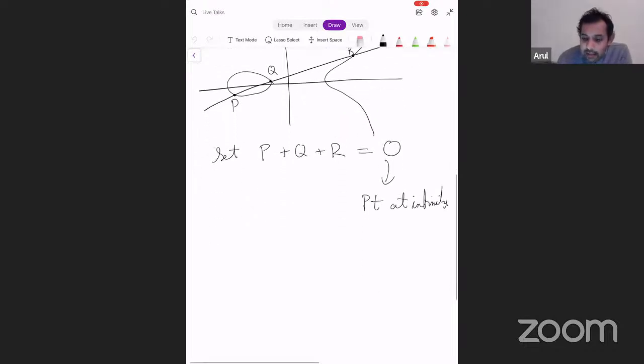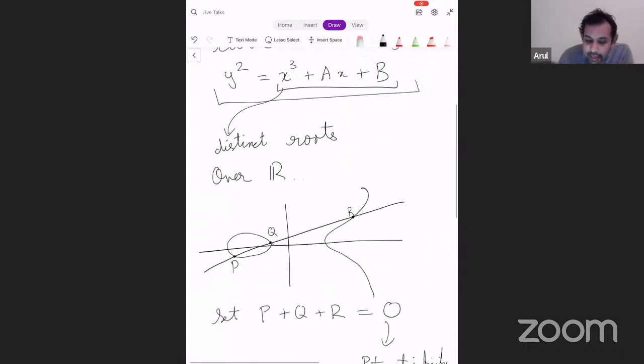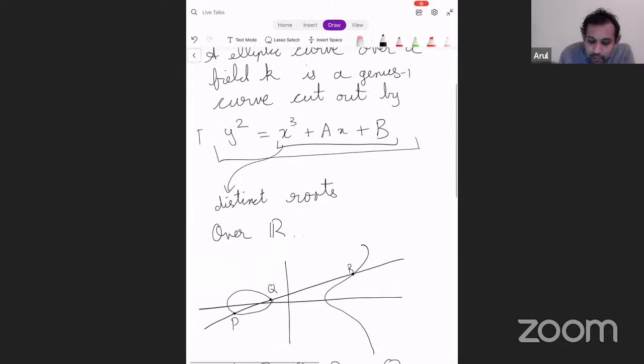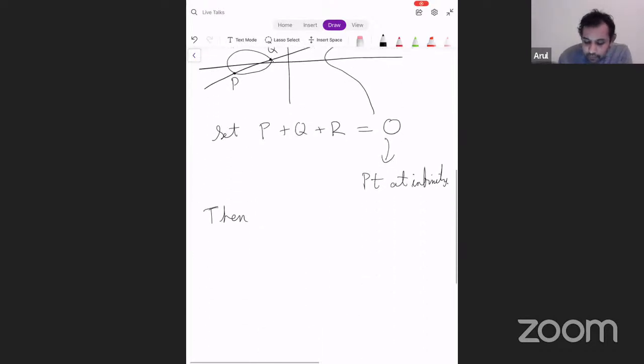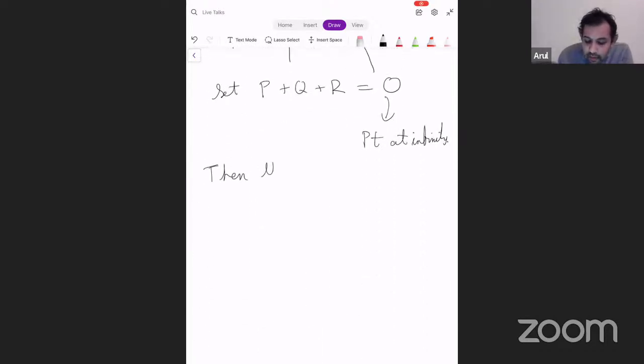If you do these things, then the points of E, this elliptic curve, form an abelian group.